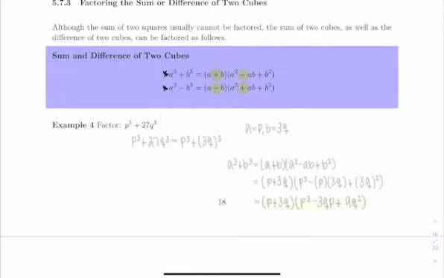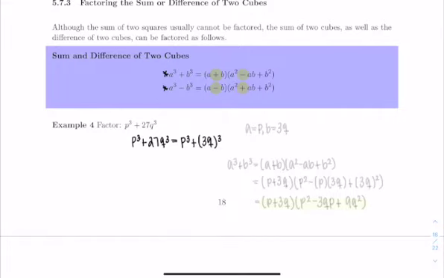What number cubed gives me 27? 3 does. So we could rewrite this in terms of cubes as p cubed plus, inside our parentheses, we would have 3q, and that entire thing would need to be cubed because the 3 gets cubed and so does the q, which would give me the original.